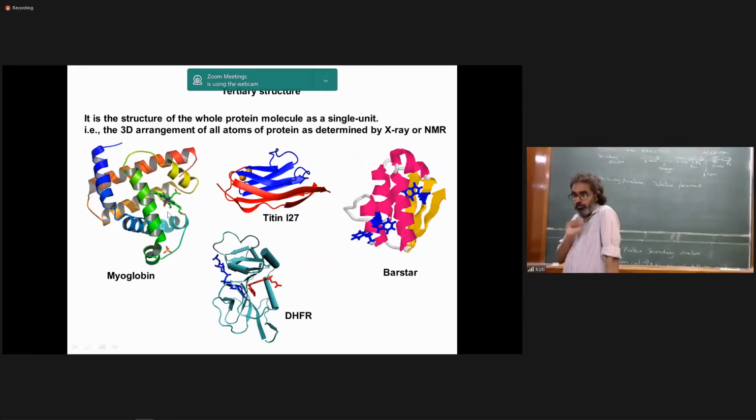So myoglobin is completely alpha, very interesting. Of course, it has a prosthetic group of porphyrin, which is a non-amino acid element. But if you move to the structure in the middle, called titin I27, what secondary structural elements are present in this protein? Beta sheets are there, exactly.